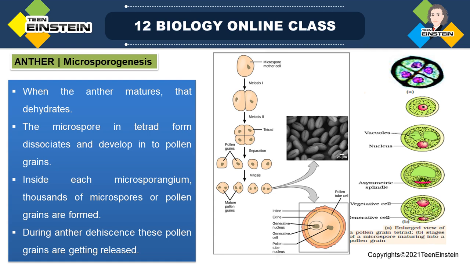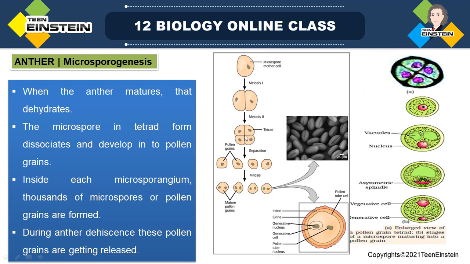Next, when the anther matures, it dehydrates. Here you can see that after meiosis tetrads are formed.